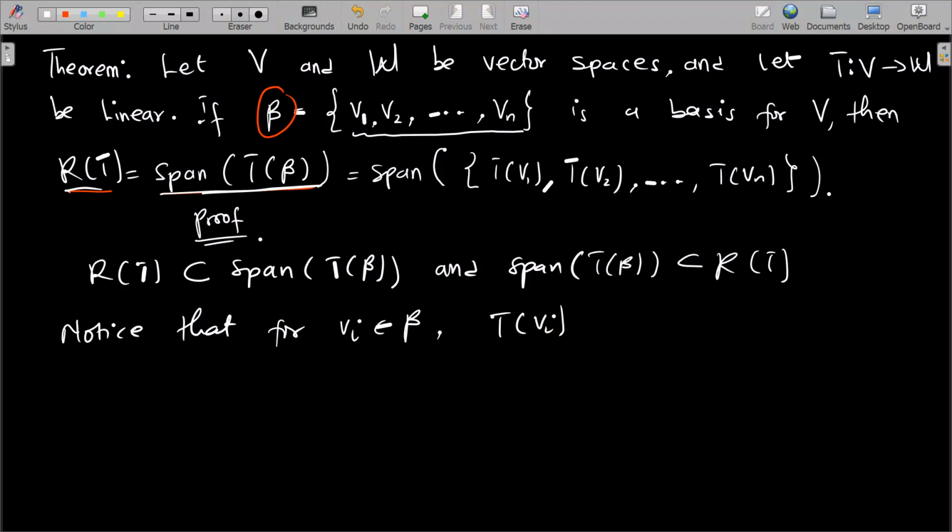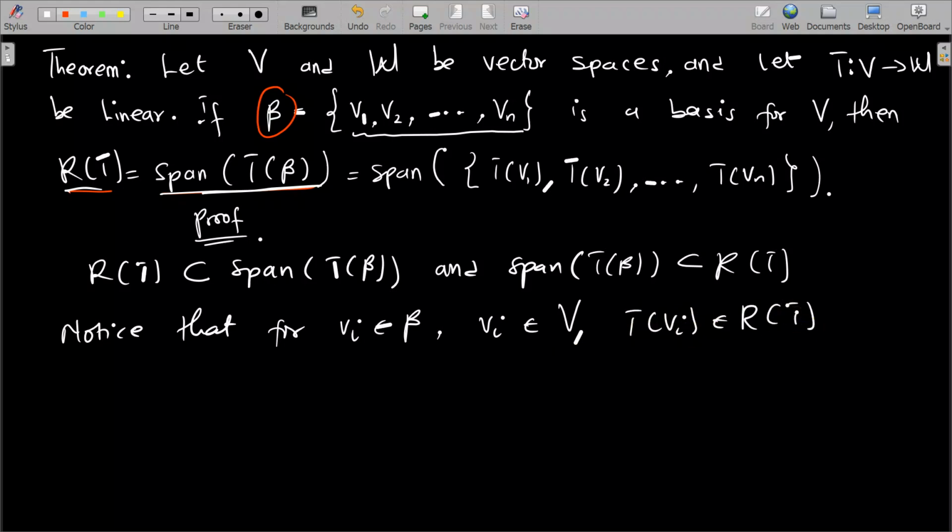T of vi, since every vi is in capital V, because let me start from that place as well. We also know that this vi belongs to capital V because beta is a subset of capital V and it's the basis. So for every element you pick in the beta, that element also belongs to the bigger V. Okay. Then T of vi belongs to the range of T.